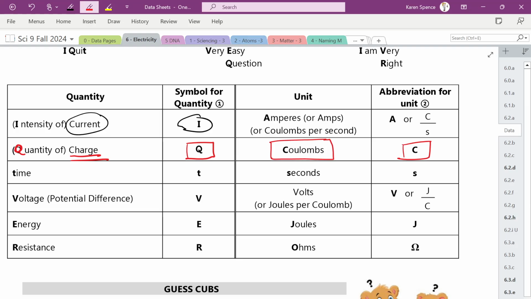If you're like, I don't remember what to write for charge, you can look it up on this table, right on that front page of your purple sheet. Okay?